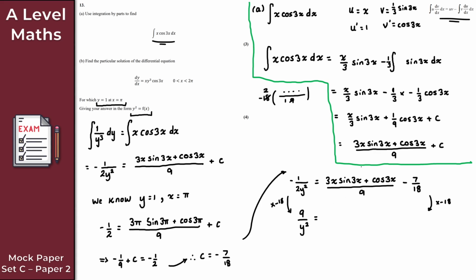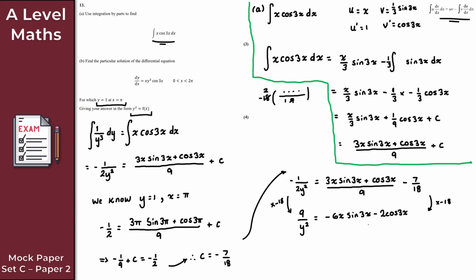So just times through the numerator here then by minus 2. So what I'm going to get here then is minus 6x sine 3x minus 2 cos 3x.